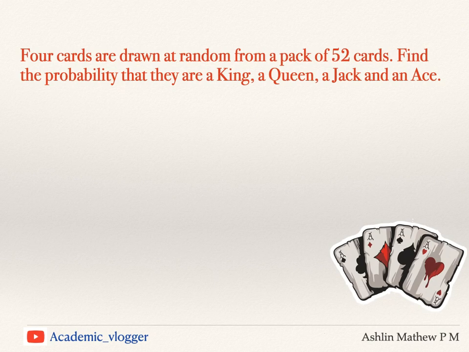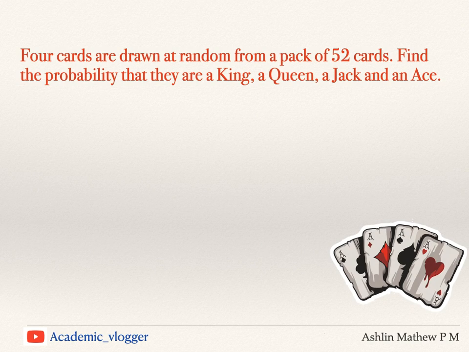So 13 plus 13, there are 26 black cards and 26 red cards. In each symbol, there is a king, a queen, a jack and an ace, and the rest of the numbers are 2 to 10: 2, 3, 4, 5, 6, 7, 8, 9 and 10. So in total there are 13 cards in each symbol. This is how a set of 52 playing cards is.